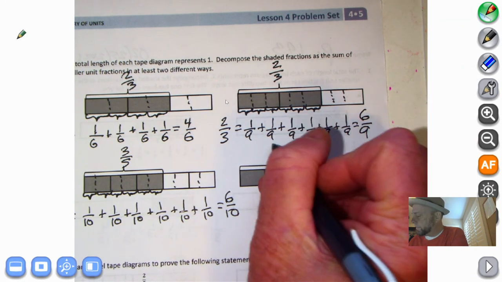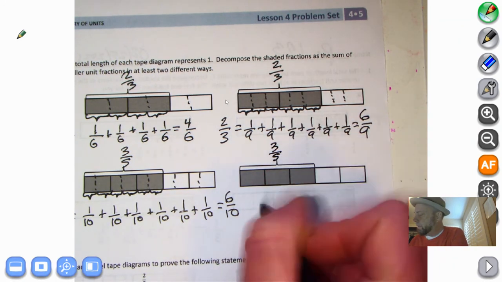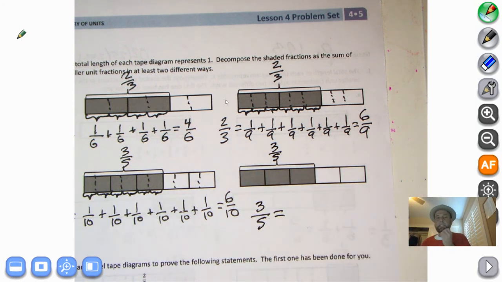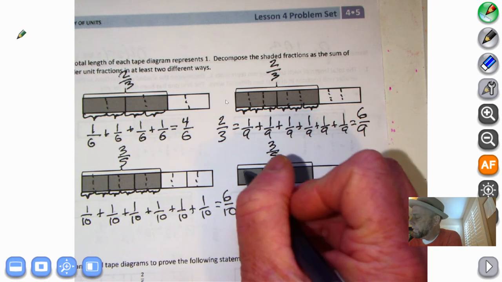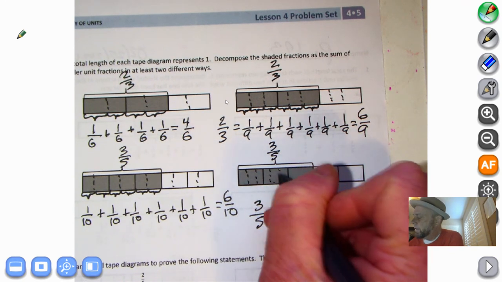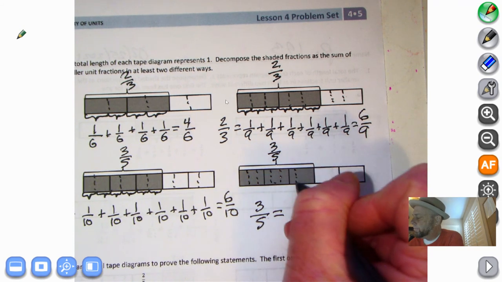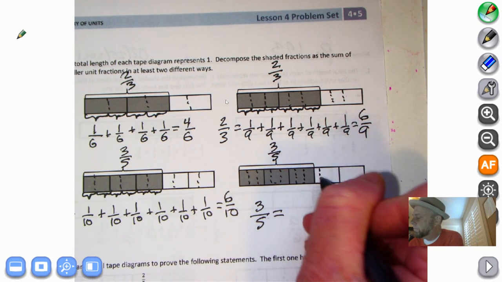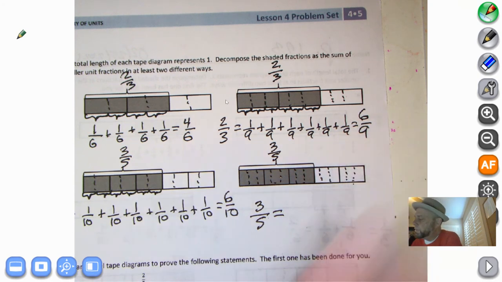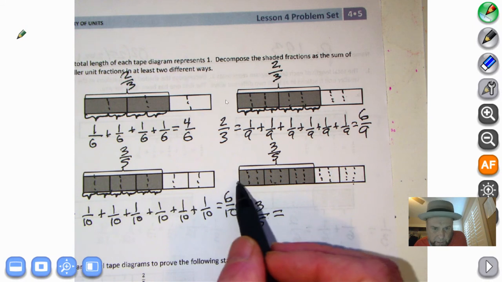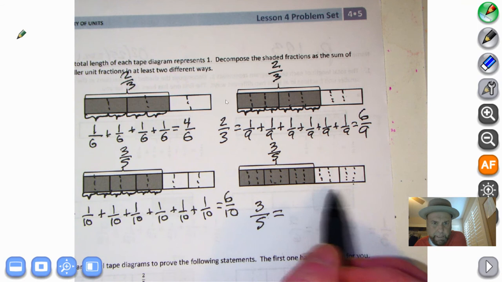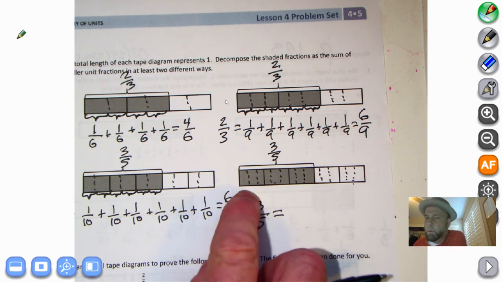Let's get 3/5. And what will 3/5 equal? I'm going to chop these up into 2 pieces each. So now I know that there's 3 on each of the previous fifths. So 3, 6, 9, 12, 15. So these are all 1/15ths.